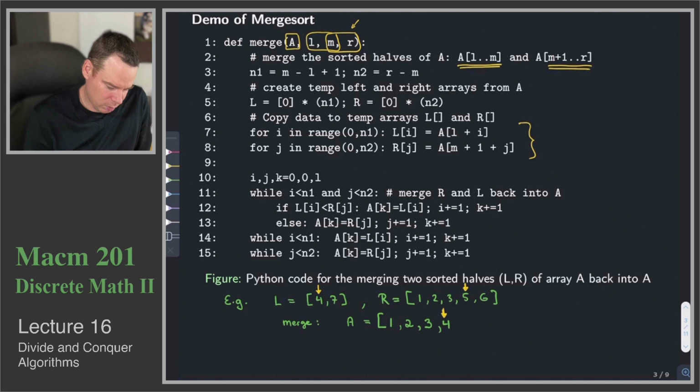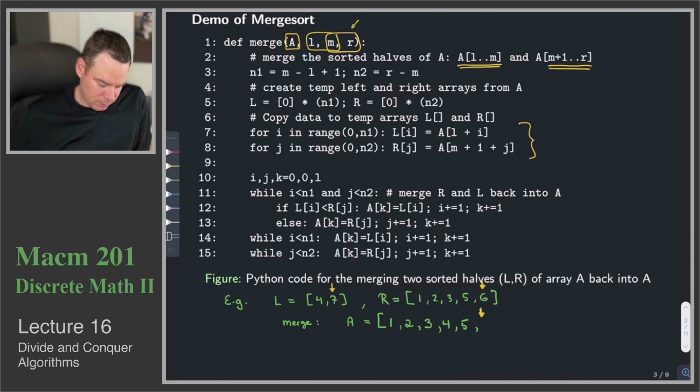And so now the pointer moves on, and it's the pointer in the left array that moves on. And now I look, 7 and 5 are the ones that are indicated. 5 is the smallest one, so the pointers now move on.